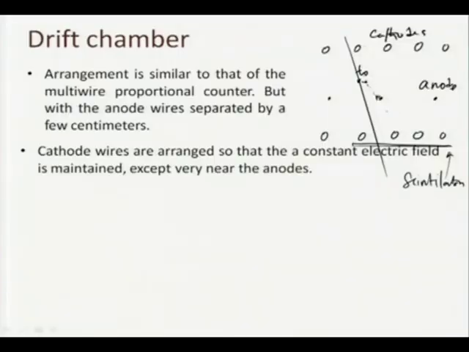How? So, T0 is known, when it is entering or ionizing the gas, and the avalanche happens at a slightly later time, say T1.